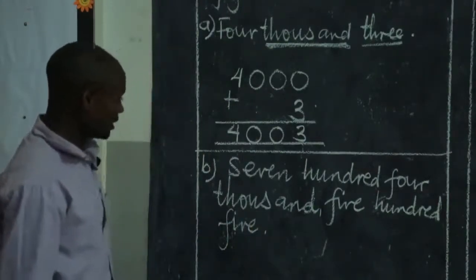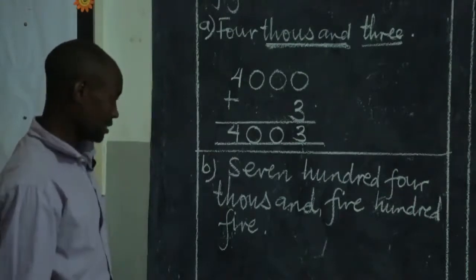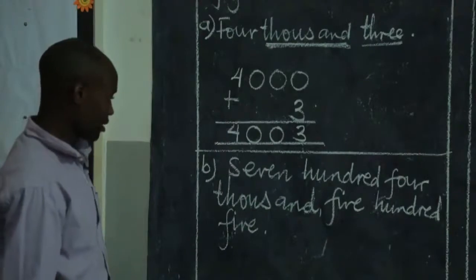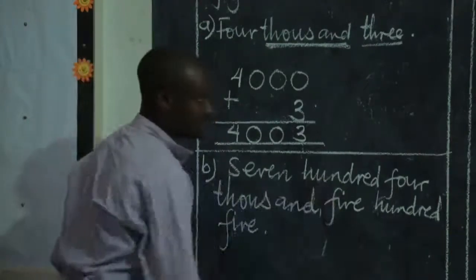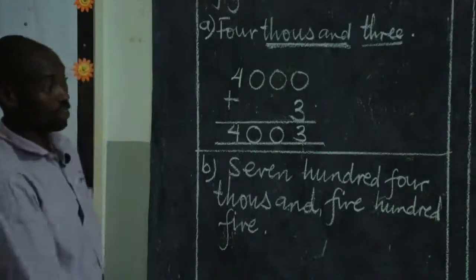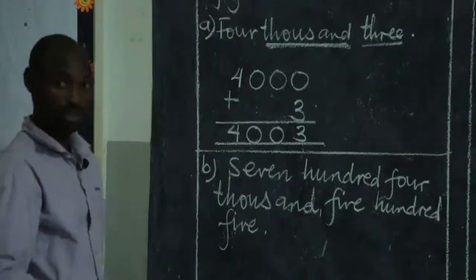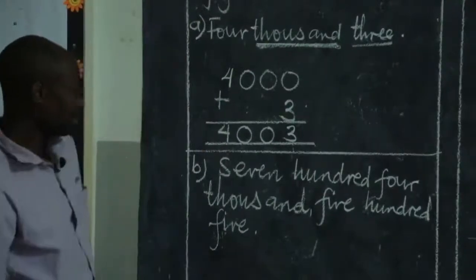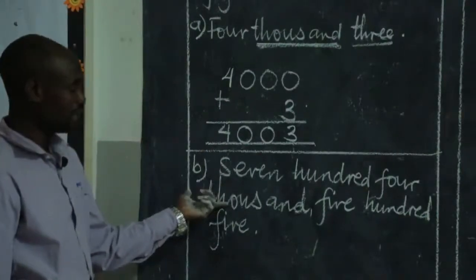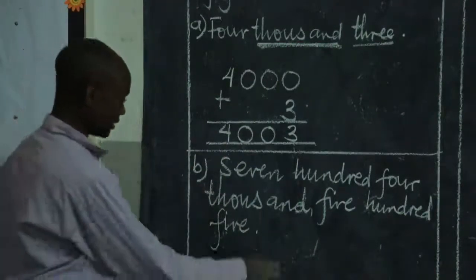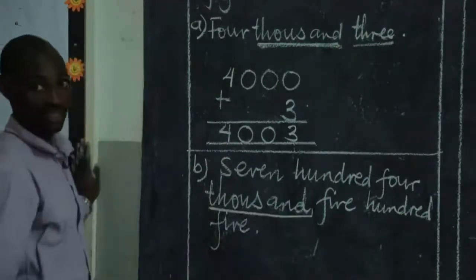Our number is 704,505. You see? We have this 100, we have this 100. But this one is not a big deal. I told you, look for the other divisions I told you. Units, thousands, millions. Now, do we have millions in this number? No. Do we have thousands in this number? Yes. The word thousand is here.